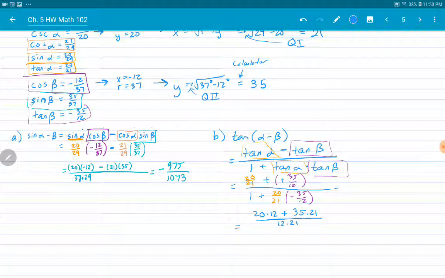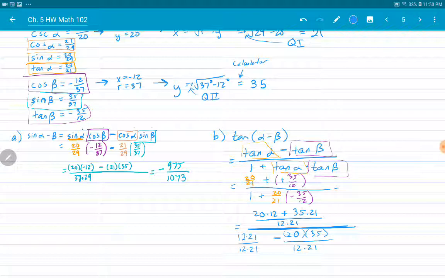It's a complex fraction, so that all over, that's a minus 20 times negative 35 gives me a 20 times 35. And the denominator is 12 times 21 again. So instead of 1, I'm going to write 12 times 21 over 12 times 21.